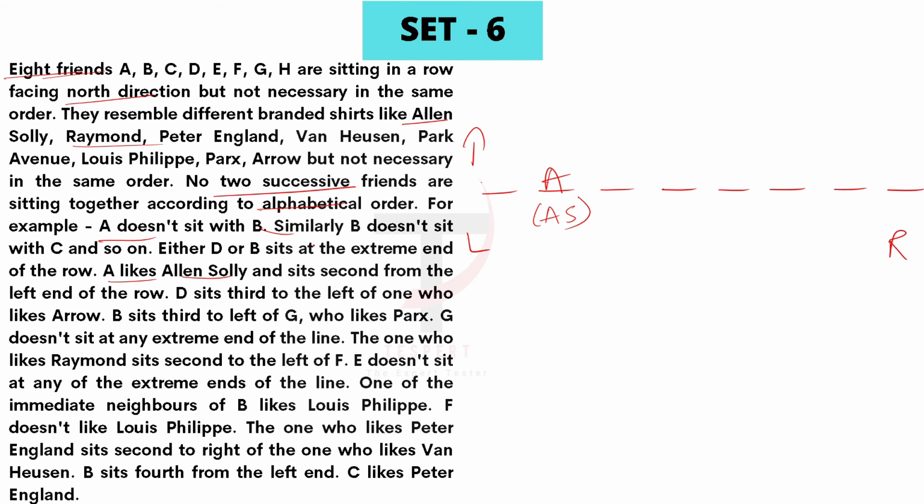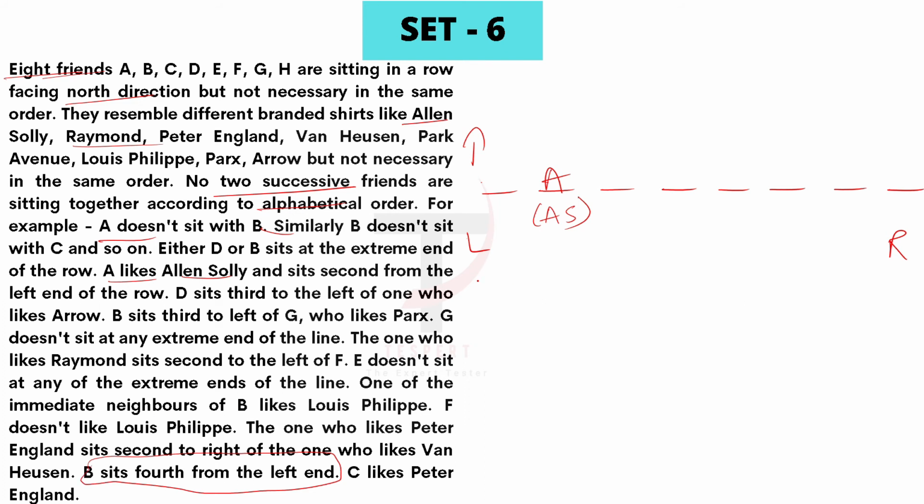Let us look at only the straight statements so that we can directly arrange them. D sits third to the left of the one who likes Arrow, but we do not know who likes Arrow as of now. B sits third to the left of G, but where to mark G? And E doesn't sit at the extreme end. Moving down the line, B sits fourth from the left end.